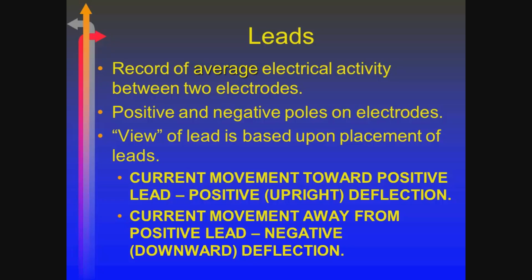One electrode is always designated as a positive. One electrode is always designated as a negative pole. The view of the lead is always looking from the negative to the positive. As the current is moving in the direction of a lead that looks in that direction, it's going to have a positive deflection.